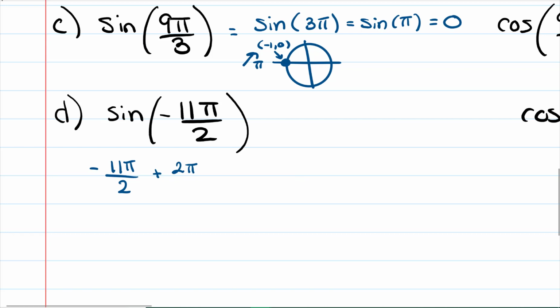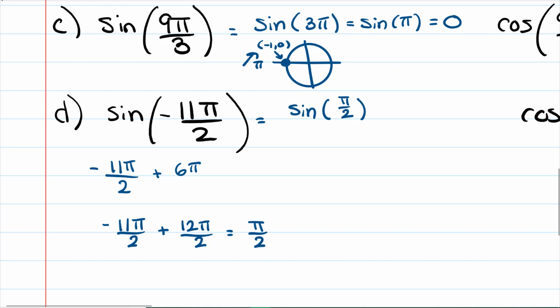That's not even close. So I'm actually going to try to add 6 pi, which would be 3 revolutions around the circle. So I get negative 11 pi over 2 plus 12 pi over 2, and this is going to give me pi over 2. So sine of negative 11 pi over 2 is actually the same as sine of pi over 2.